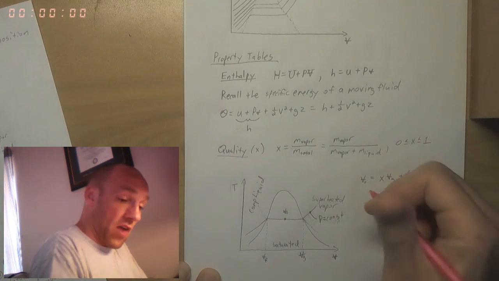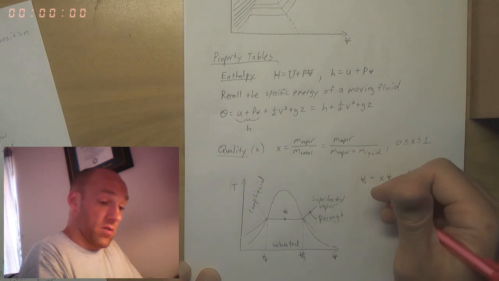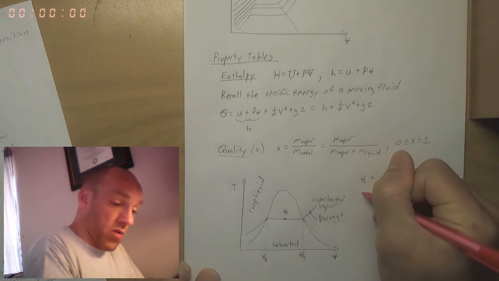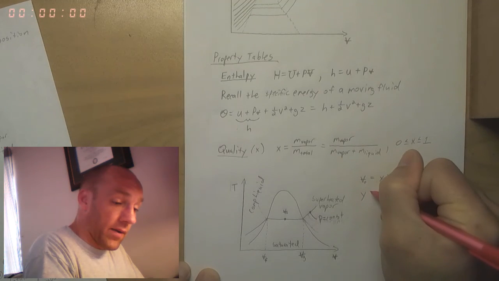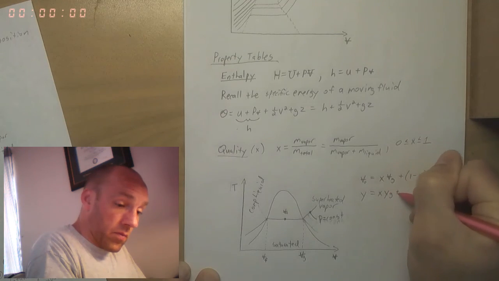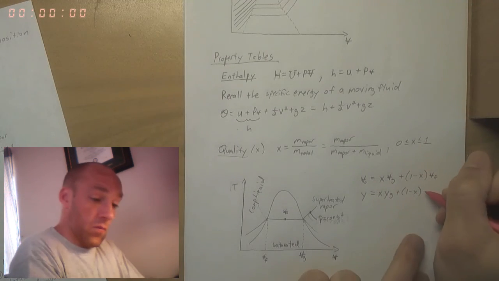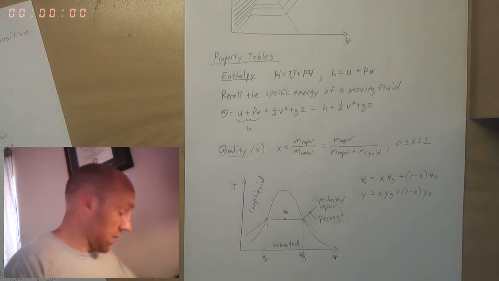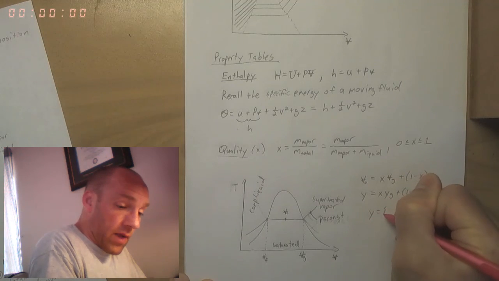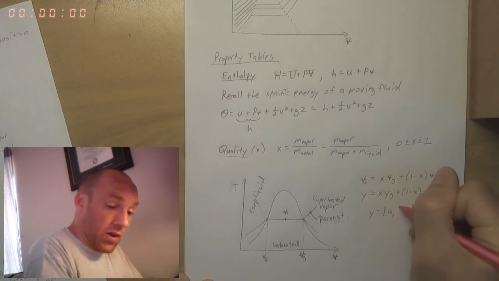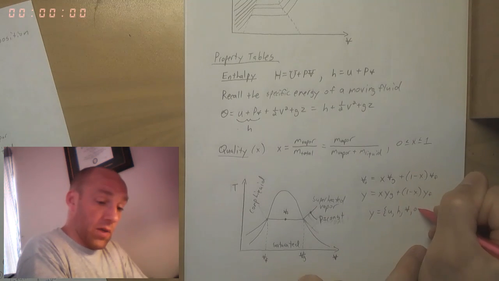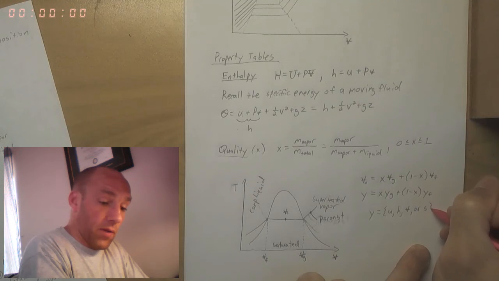Or in general, this goes for all properties, all the relevant properties inside the saturated dome. So we can use this sort of generic symbol Y. Y can be anything like the internal energy, the enthalpy, the specific volume, or later on the entropy.